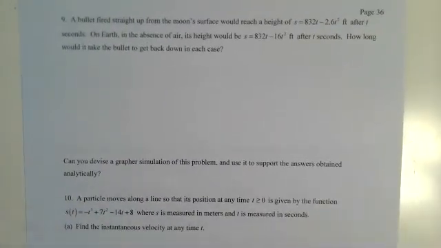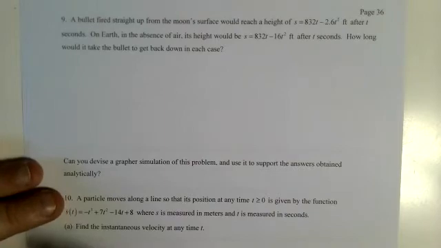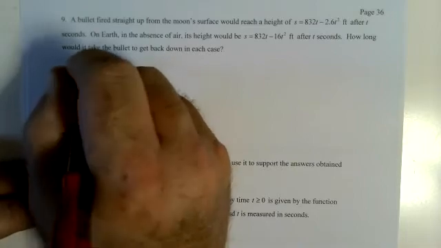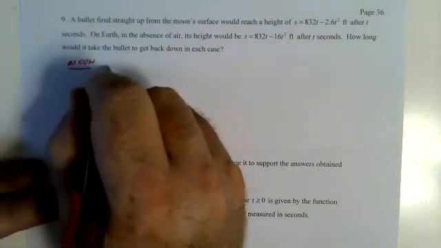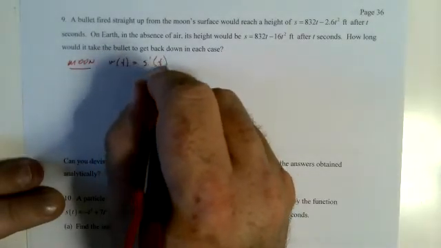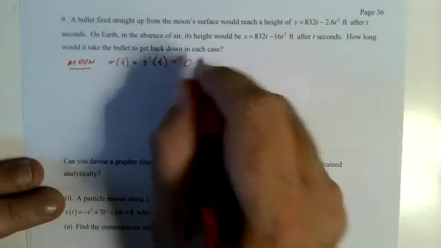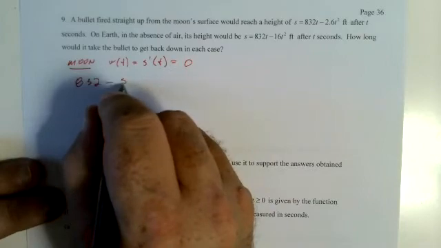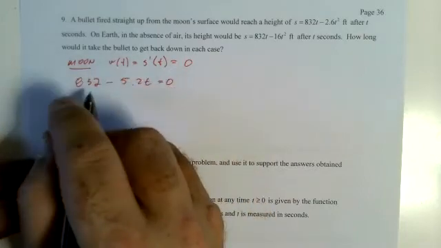A bullet fired straight up, which is a beautiful image of people running for their lives as the bullet comes plunging to earth. On the moon we reach a height of so much, and on Earth the height would be different. How long does it take the bullet to come down in each case? Let's do the moon. V of t equals S prime of t equals 0. 832 minus 5.2 t equals 0.